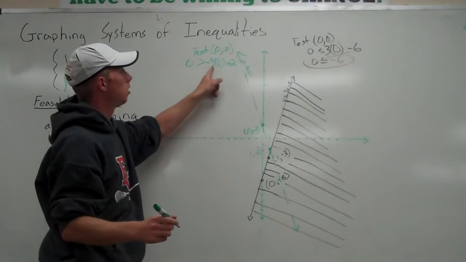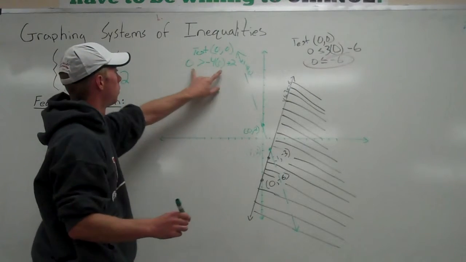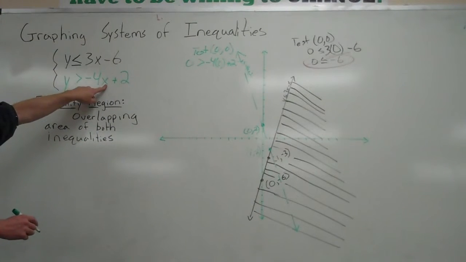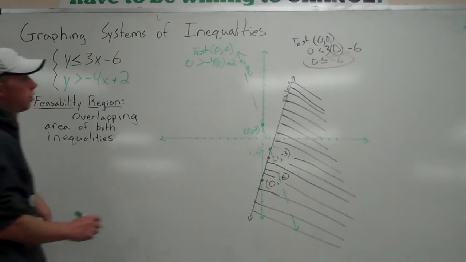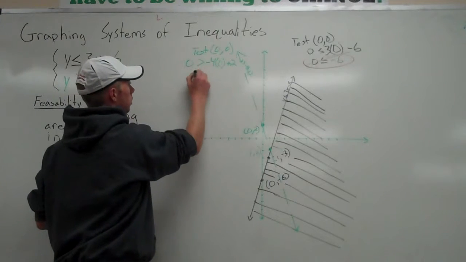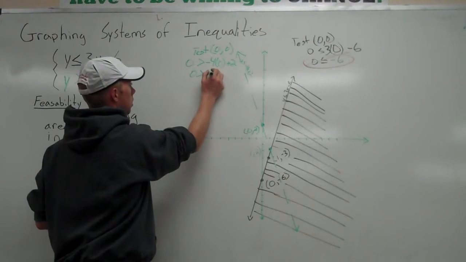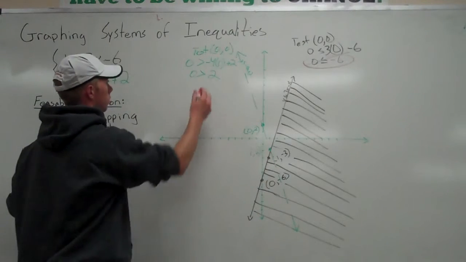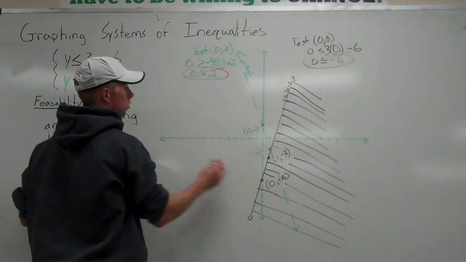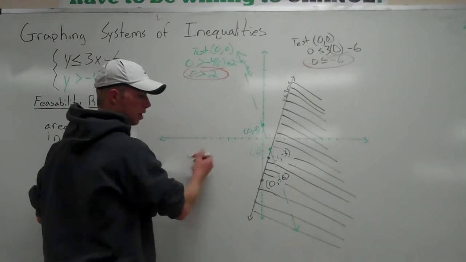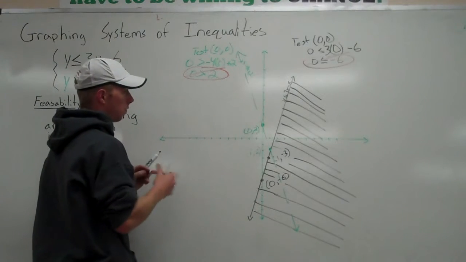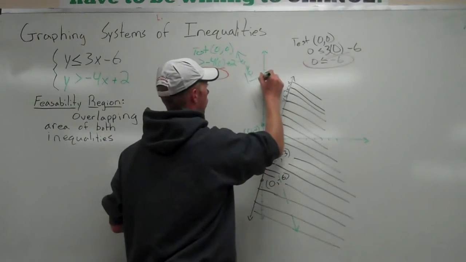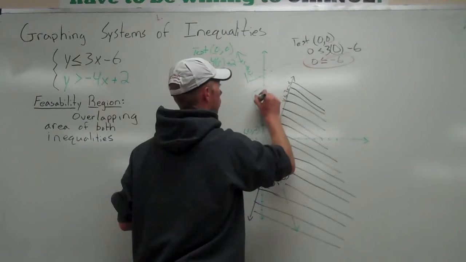Zero is greater than negative 4 times 0 plus 2. We just took our point 0, 0 and substituted the x coordinate for x and the y coordinate for y. This ends up being 0 is greater than 2. I also know that this is not true. So if 0, 0 is on this side of the line and it's not true, I know that everything on this far side is true. So I would actually want to come through and highlight all of this.